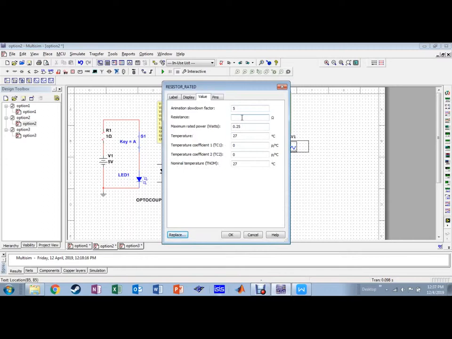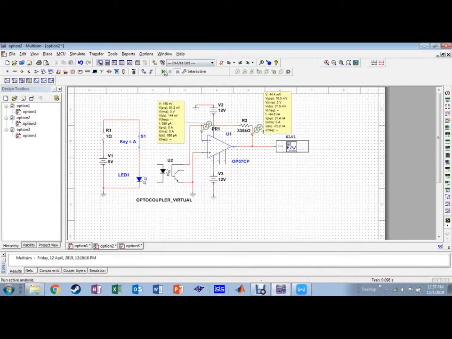Okay, let's try with another value. Let's say 335k. Run. Okay, the value of the voltage will change to 217 nanovolt. The current remains the same at point D. At point F, the voltage changed to 36.6 millivolt and the current changed to negative 109 nanoampere.